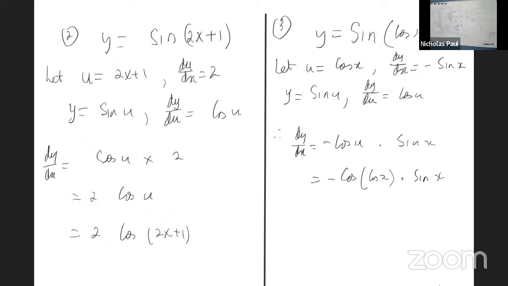Right, number 2, number 3, good. So we can differentiate sin, we can differentiate cos. That's it for trigs. One more rule: product and quotient rule.